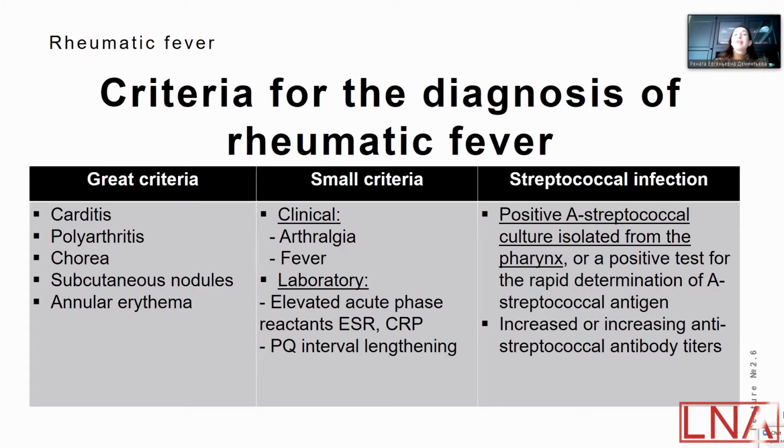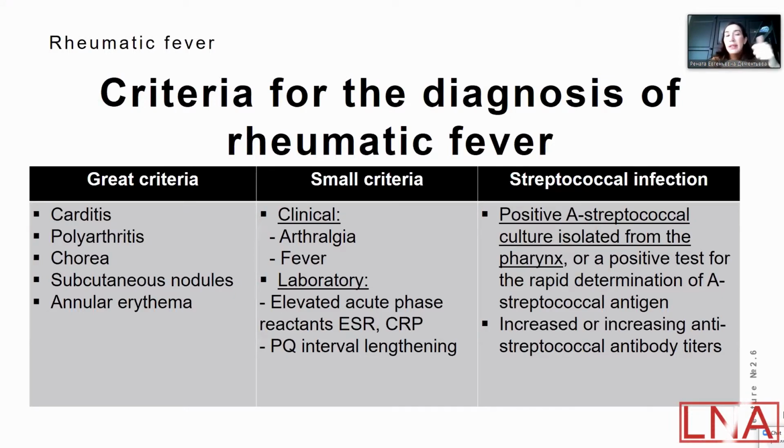There are some criteria for the diagnosis of rheumatic fever: major criteria, minor criteria, and confirmation of streptococcal infection. Major criteria: carditis, polyarthritis, chorea, subcutaneous nodules, and annular erythema.